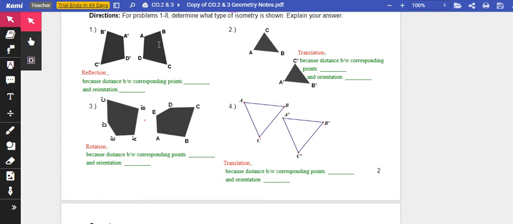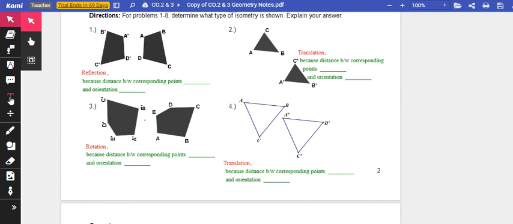So, in number one, we have a reflection. We said last time if I have a line of reflection in between these two, it would be where I could fold them over and match them up, and that would be a reflection. But I would have a hard time explaining why it is a reflection just because it flips.